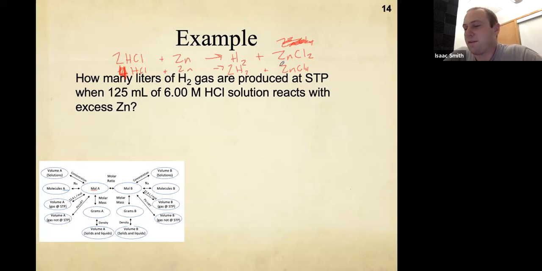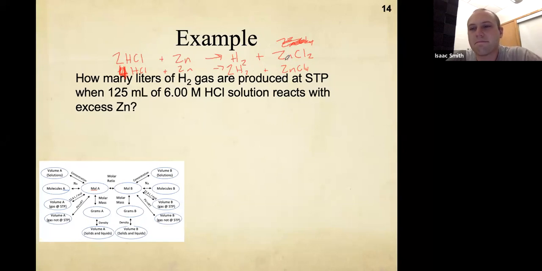So we wouldn't even have enough information to really answer this problem. But luckily, we don't need that, and that's why the problem doesn't give it to you. On a test, I would definitely give you what this other product is going to be, just to eliminate a lot of this guessing.